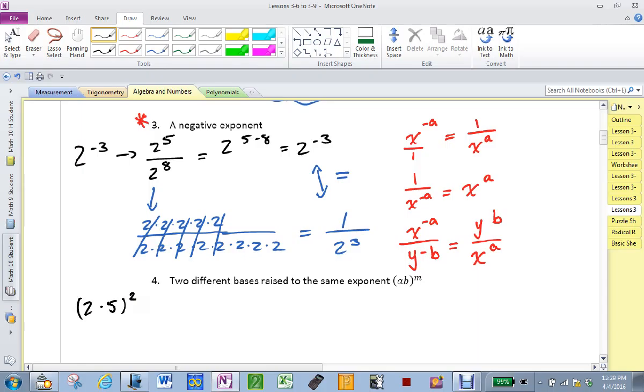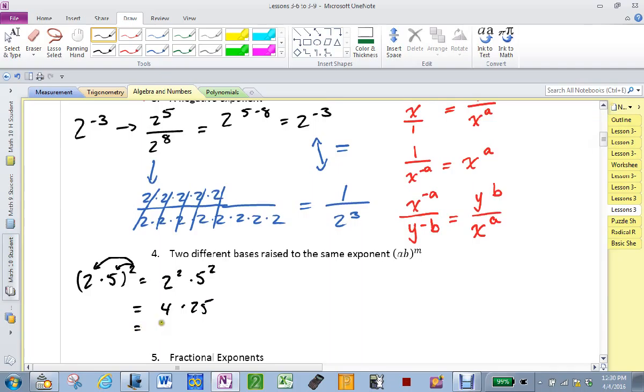You either wrote it this way. The 2 went to everything inside. So you got 2 squared times 5 squared, yes? What is 2 squared? 4. What is 5 squared? 25. What is 4 times 25? 100.